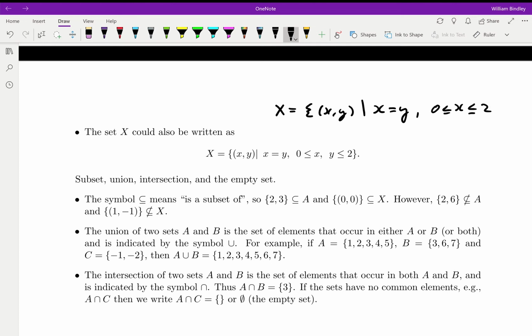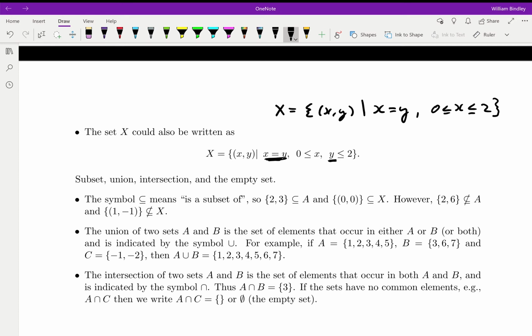So x is between 0 and 2 inclusive, and always remember to close the set. If you notice here, we said x is equal to y, so really we wouldn't need to make reference to y over here, because if they are equal, then everything that we want to say about y, we could say by talking about x, and vice versa.